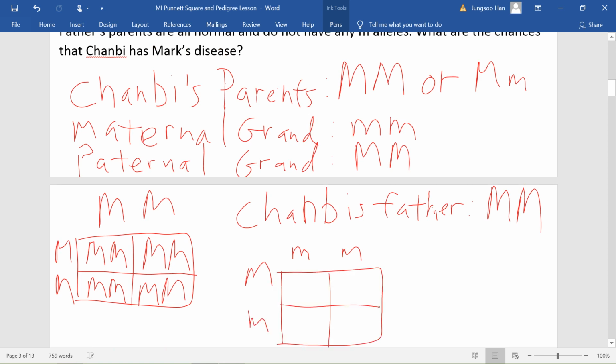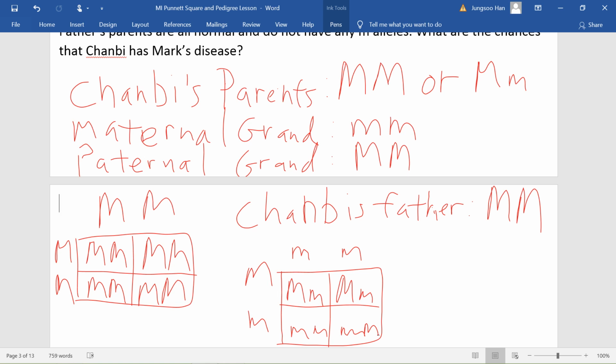Okay. If we do the Punnett square, that means it's possible that Chambi's mother's parents could have children with Mark's disease and also have children without Mark's disease. Okay.